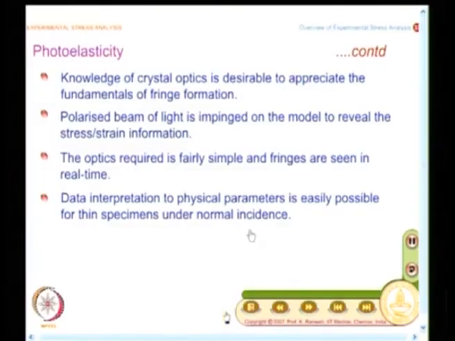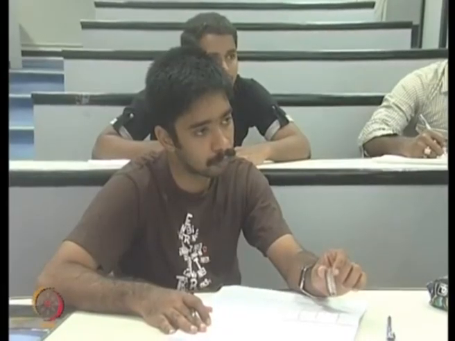And I have mentioned that data interpretation is easy for thin specimens or normal incidence. You will appreciate only when you go to other techniques how difficult the data interpretation is. In this case, it is so simple that we will establish it based on crystal optics at a later point in the course. We have already seen from the solid mechanics point of view that you get sigma 1 minus sigma 2 contours.